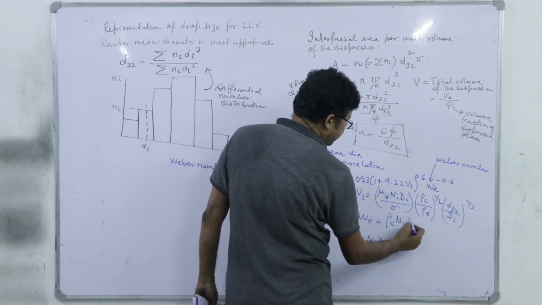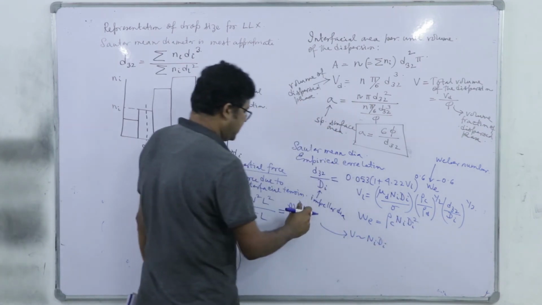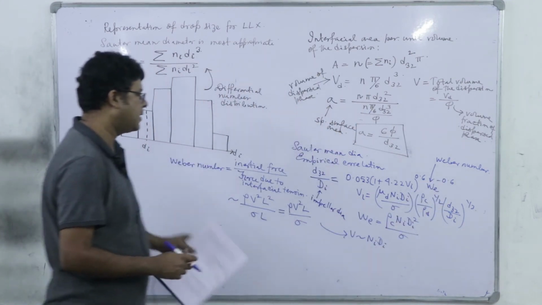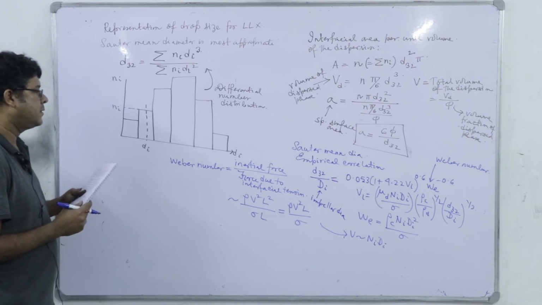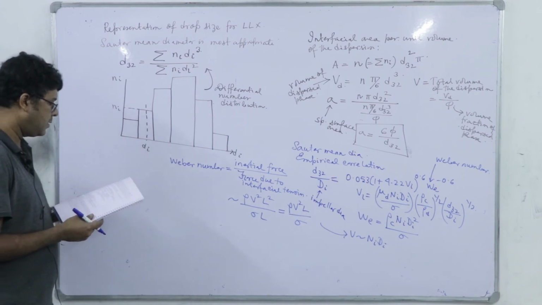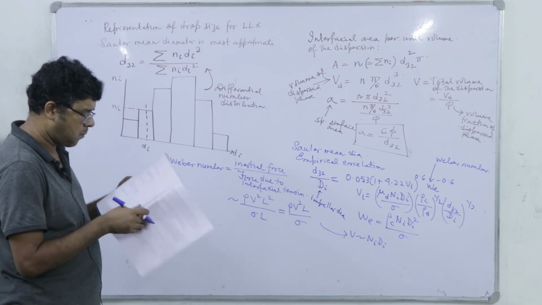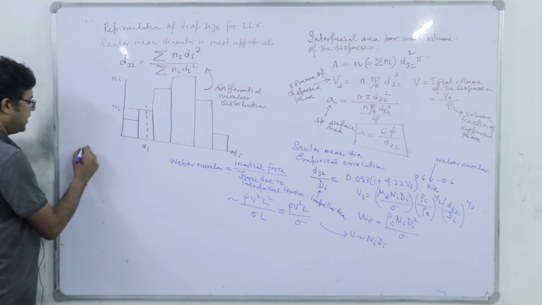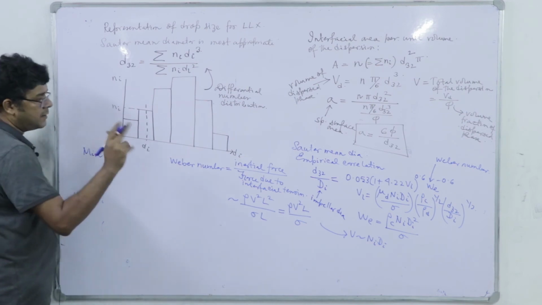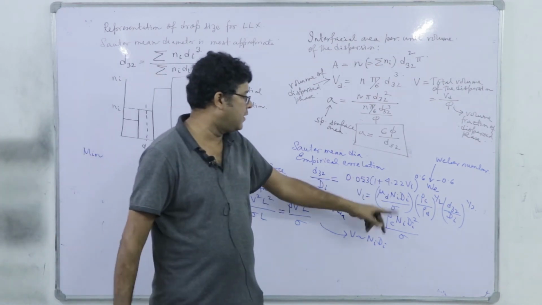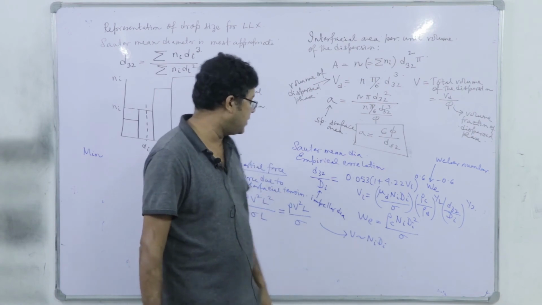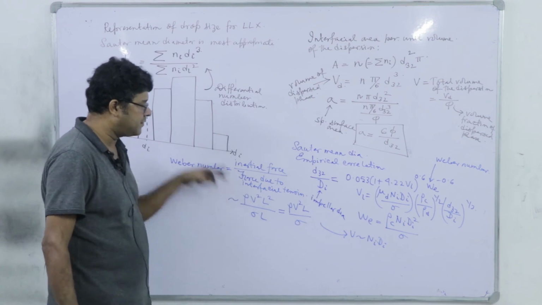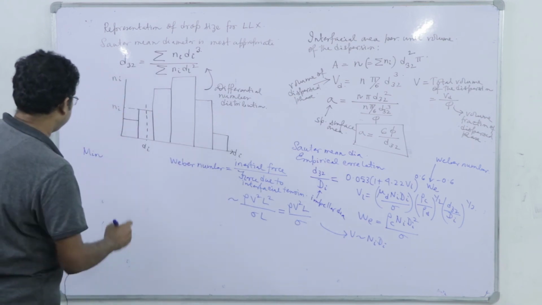So, Ni di and here di square divided by sigma will be the expression of Weber number, right. Now, similarly, we have the minimum impeller speed. Here the point is not to remember this equation, but to understand the definition of Weber number, right. And this is most important, inertial force by force due to interfacial tension.